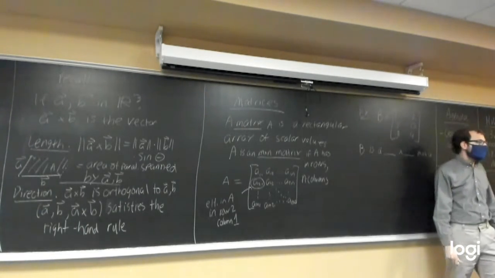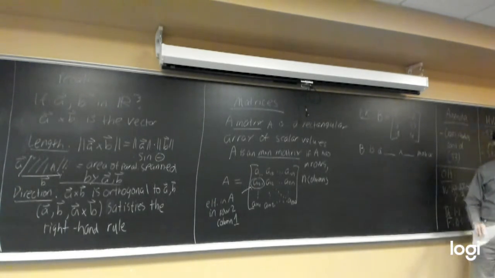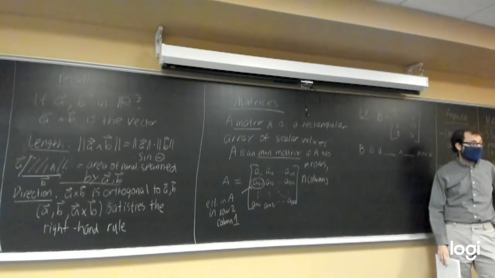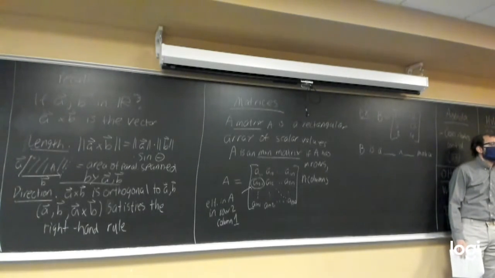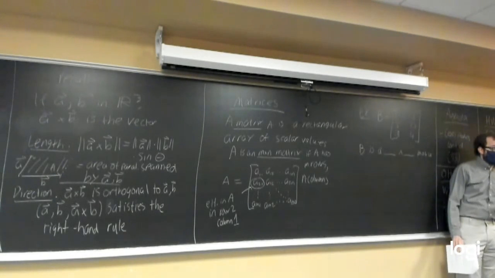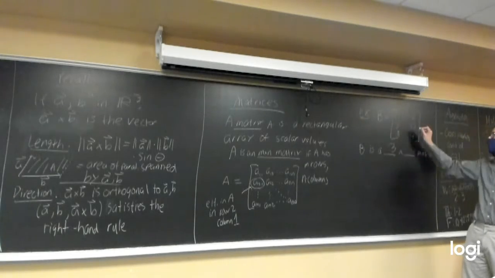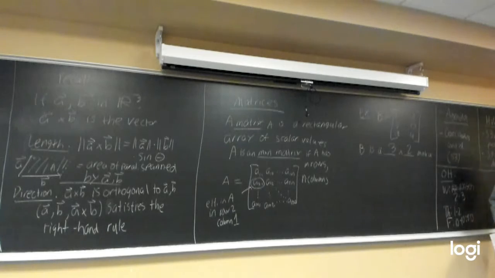If an m by n matrix is a matrix that has m rows in it and n columns in it, given this matrix B, what would we say B is, a blank by blank matrix? How would we fill in those blanks? Yeah, 3 by 2 matrix. It has 3 rows and 2 columns. So B here is going to be a 3 by 2 matrix.